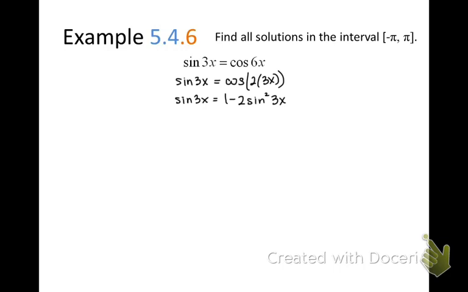Now what? I've got it all in terms of sine. What should I try and make this look like? Yep. So I'm going to add my 2 sine squared of 3x over.